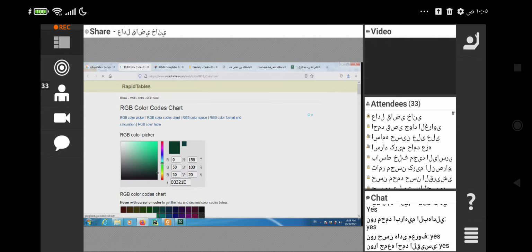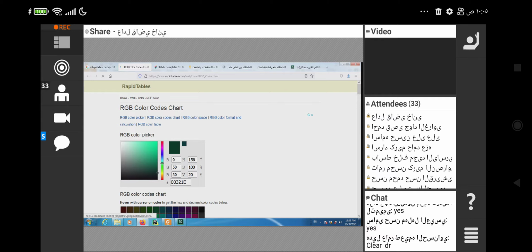So in the color image, it has different color modes. This is RGB. In RGB, we have these three colors, and using these colors, we build our color image.